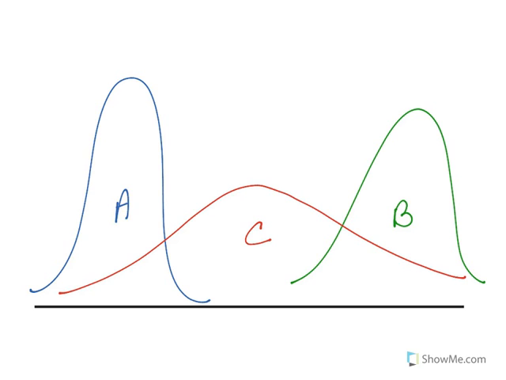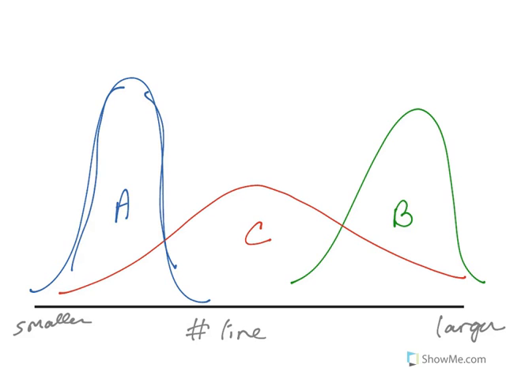So let's think about this solid line on the bottom as a number line, meaning numbers are smaller on this side and larger on this side. Okay, so what and how are A, B, and C related? So A, the graph far left, is the tallest graph, and you can see it has the steepest lines when it comes to going up and down.